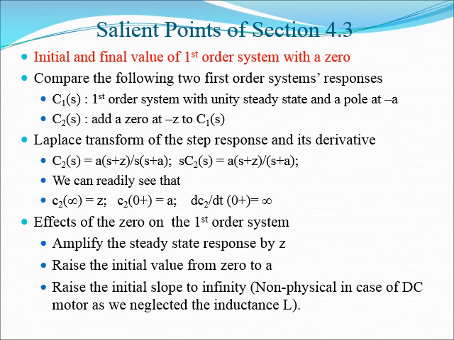Then we discussed the salient points of section 4.3, which was how a zero affects the response of a first order system. We take a simple example. C1(s) is our transfer function, that is, the output C1(s) is equal to a over s plus a.